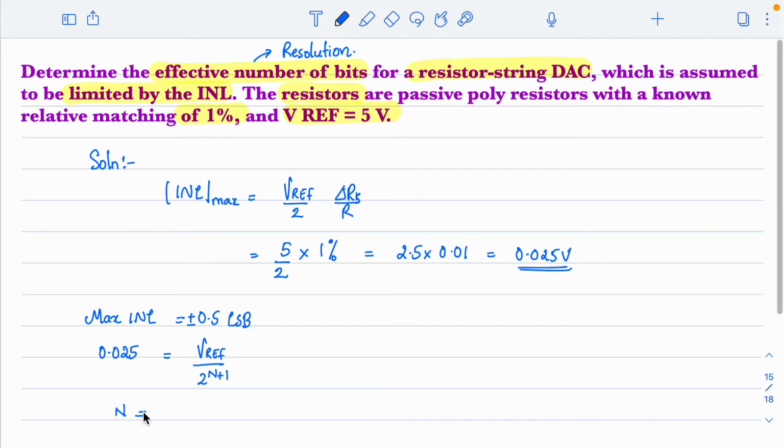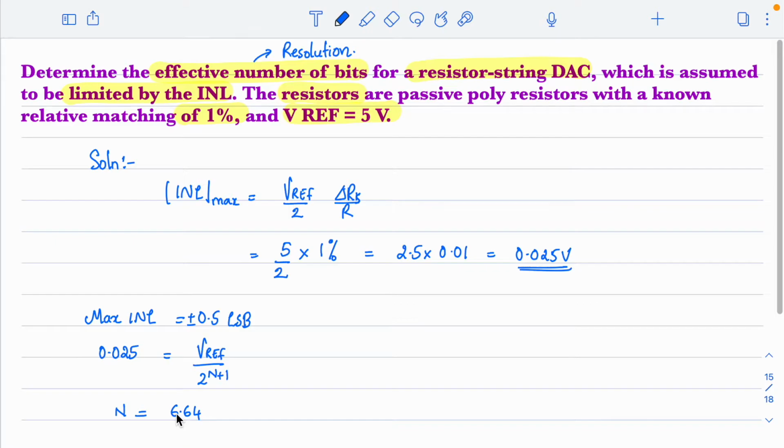From this maximum INL, I think you will get n as closely equal to 6.64. We have taken the worst case scenario, and with that you are getting 6.64.